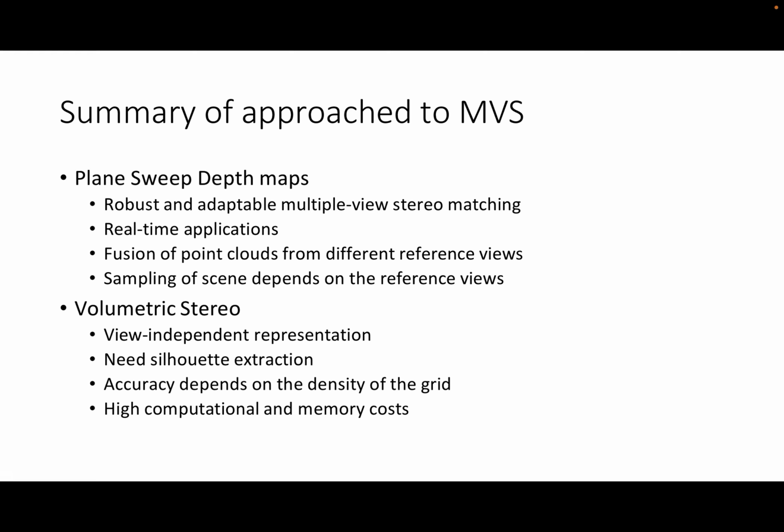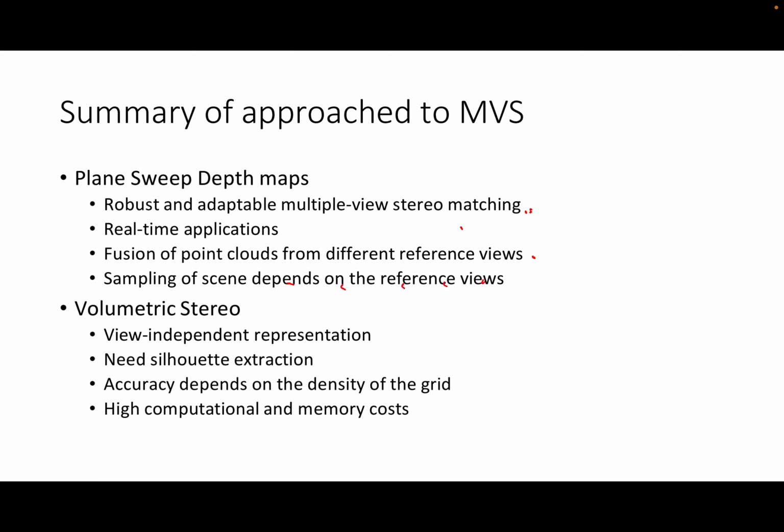Robust, adaptable multi-view stereo matching and real-time application, because it's GPU friendly. Fusion of point clouds from different reference views, right? For each iteration we choose a different reference image, and we lift the neighbor images to 3D space and then reproject them to the reference image space. And sampling of the scene depends on the reference views, right?